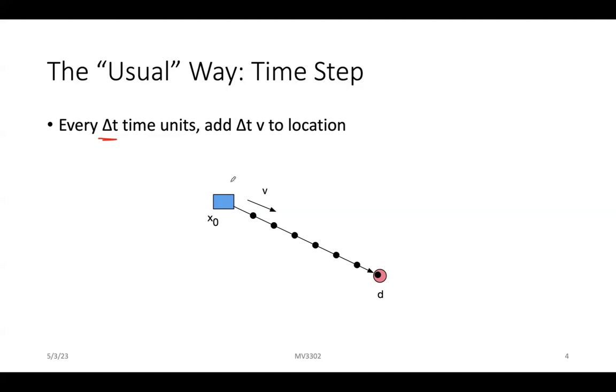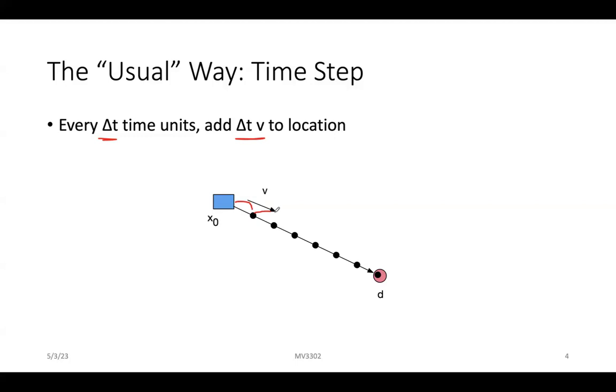Every delta t, using a time step approach, we would advance by delta t times the velocity vector to that location. So with the same information, starting at x naught and moving to this destination at a given velocity, here's the first time step, we go here.